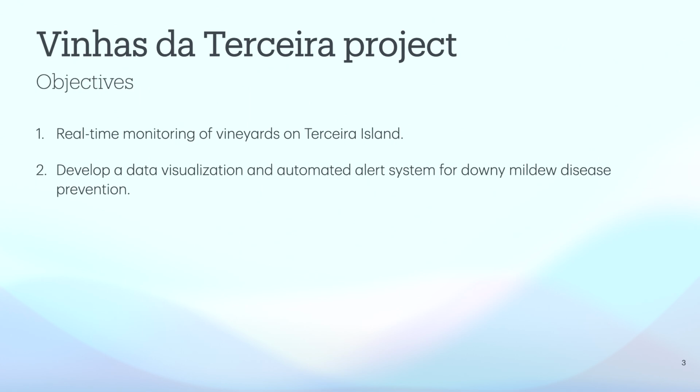The objectives of the project were to create real-time monitoring of the vineyards on Terceira Island and to develop data visualization and an automated alert system for this disease, downy mildew. It also gives the wine producers the opportunity to use modern tools and take more informed decisions based on a first sight of the service, which they didn't have until now.